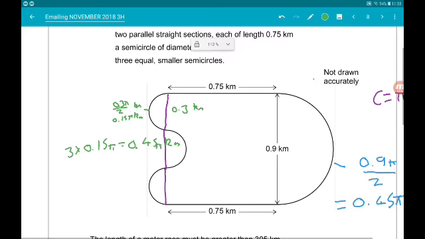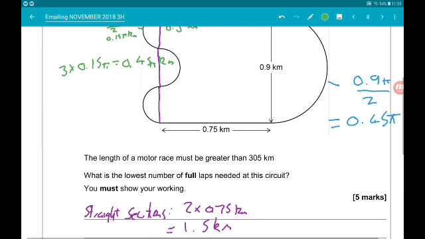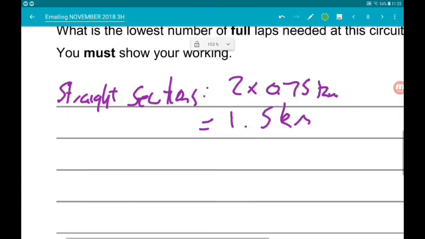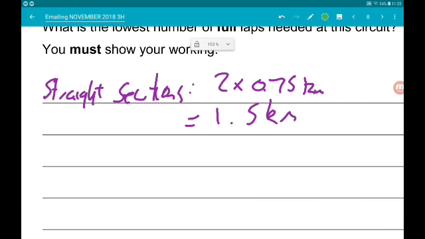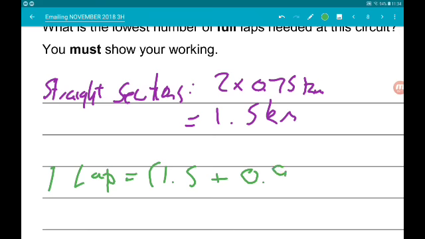kilometers. So we now know that the one lap is 1.5 add 0.45 pi add 0.45 pi, so add 0.9 pi kilometers.